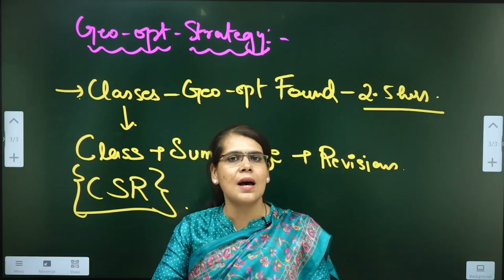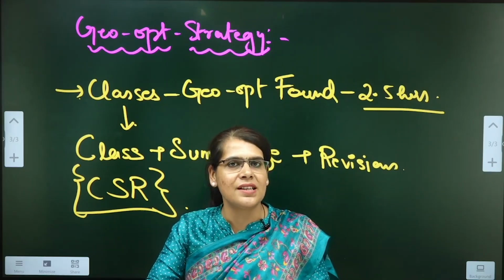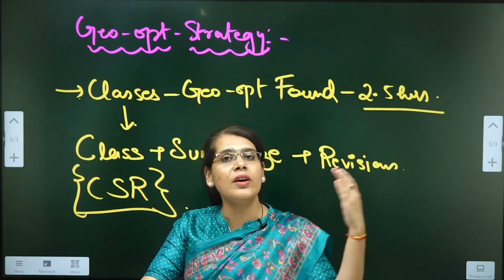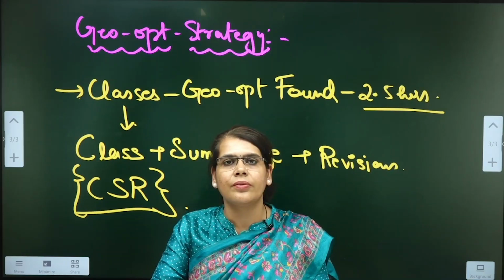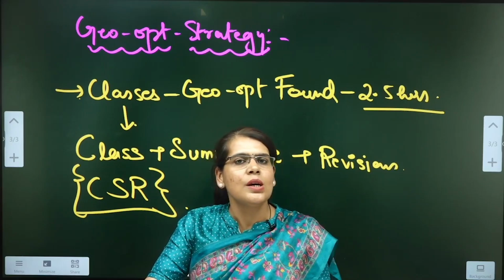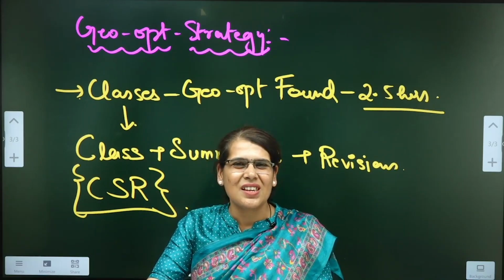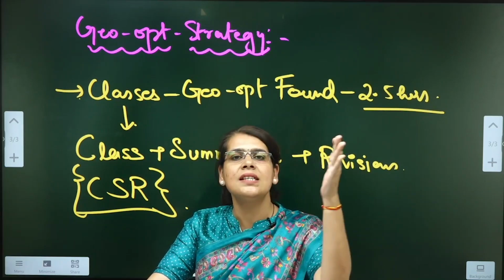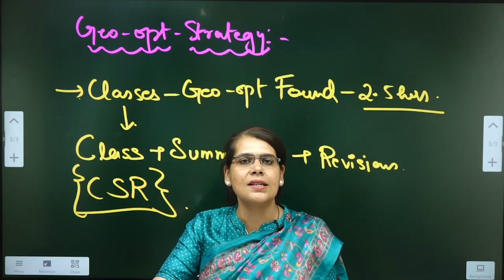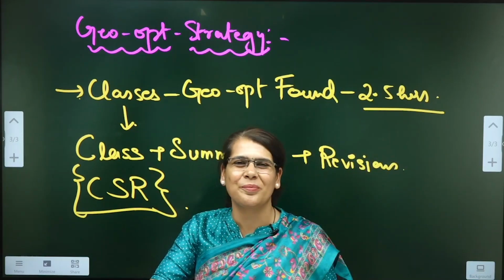For example, today you attended one class and you made your summarizations. However, in the previous class, you must have studied another concept. So what you will be doing is quickly revise yesterday's class summary. So that will be pursued in the method: today's class, summarization of today's class, and revision of yesterday's class summarization.